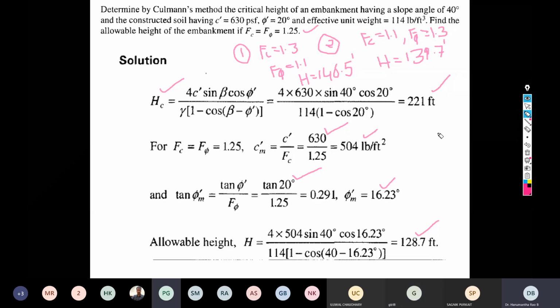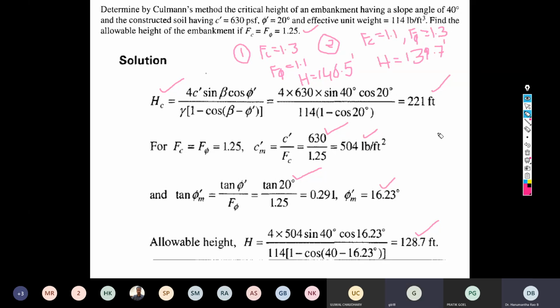Sir, it will depend upon the nature of the soil present. No, the same is reflected in the form of Fc and Fphi, no? Sir, cohesion is more dominant than the friction angle.